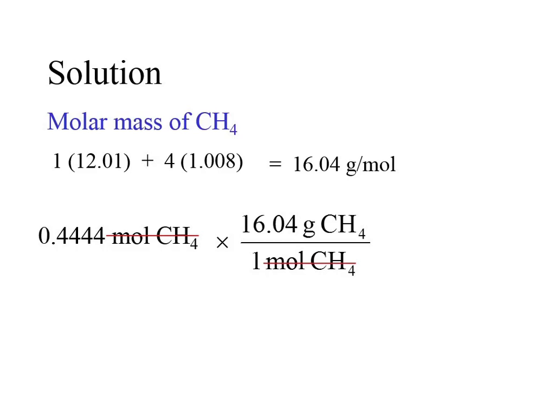And we're left with units of grams, which is perfect. And how many sig figs? I'm liking 4. Yep. So this is what I got. 7.128 grams. Does that work? Yay!